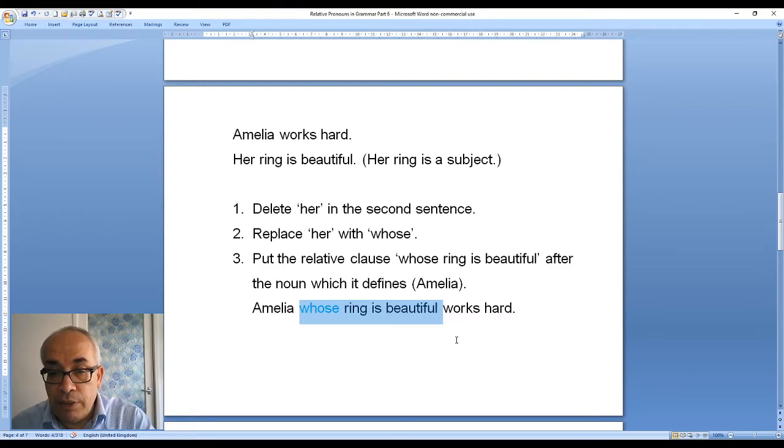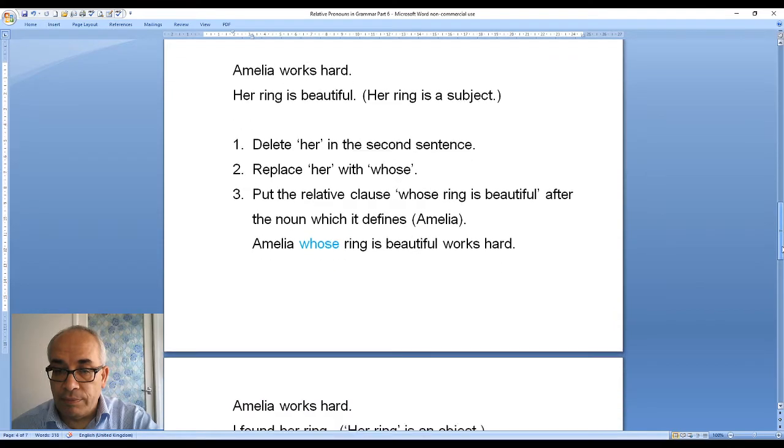Whose ring is beautiful is the relative clause which defines Amelia or which gives more information about Amelia. So if you follow 1, 2, 3, this is the grammatical rule for using whose when whose is the subject or takes the place of a subject.